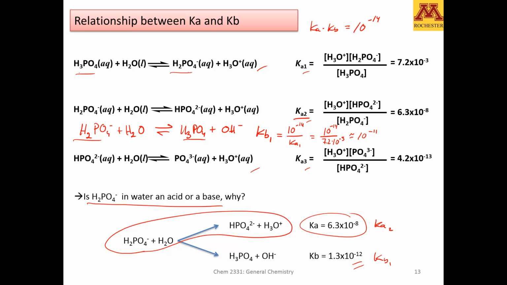Therefore, when hydrogen phosphate or dihydrogen phosphate reacts with water, it will tend to go this way because this equilibrium constant is much larger, four orders of magnitude larger than behaving like a base. So it's not that this reaction will not happen, but this one up here will happen 4 orders of magnitude much more. This is why we say that in this case the hydrogen phosphate is an acid.